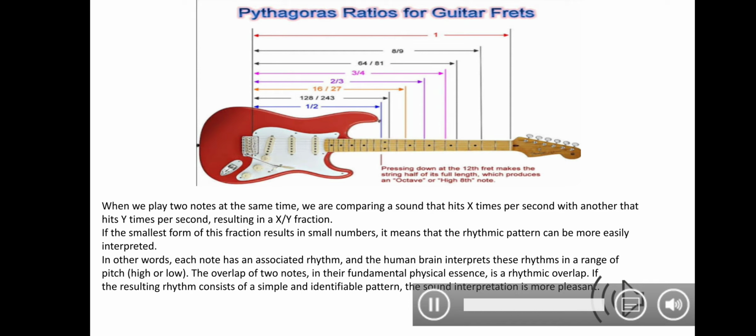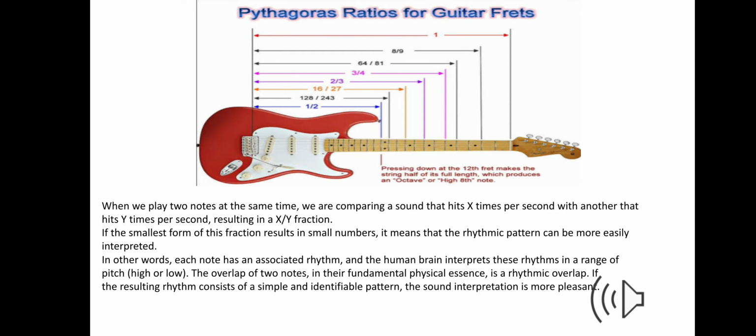When we play two notes at the same time, we are composing a sound that hits x times per second with another that hits y times per second, resulting in the fraction x/y. If the simplified fraction results in small numbers, it means that the rhythmic pattern can be more easily interpreted.